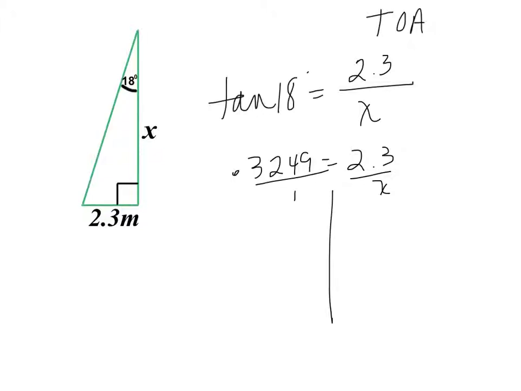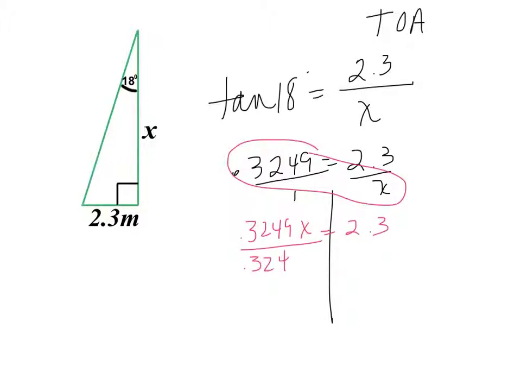Put that over 1. I'm using cross products. 0.3249x is equal to 2.3. Divide both sides. Notice all my work I'm doing. I'm not just grabbing a calculator and spitting out answers. And x is equal to 7.08 meters.